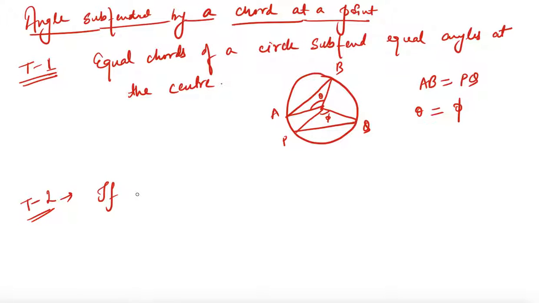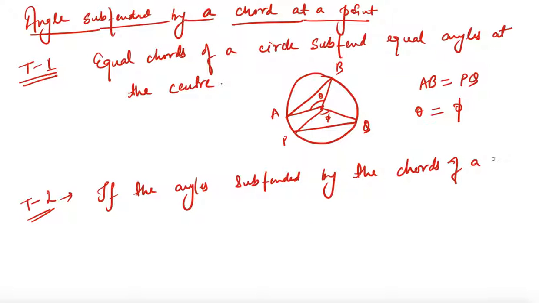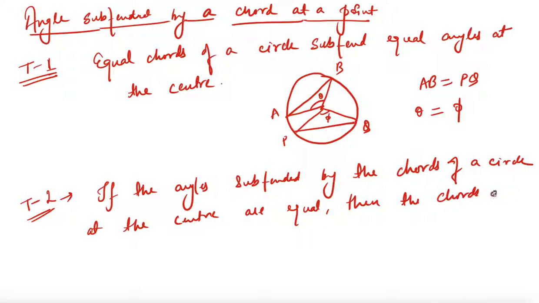If the angles subtended by the chords of a circle at the center are equal, then the chords are equal in length. This is the converse of the first theorem, right?